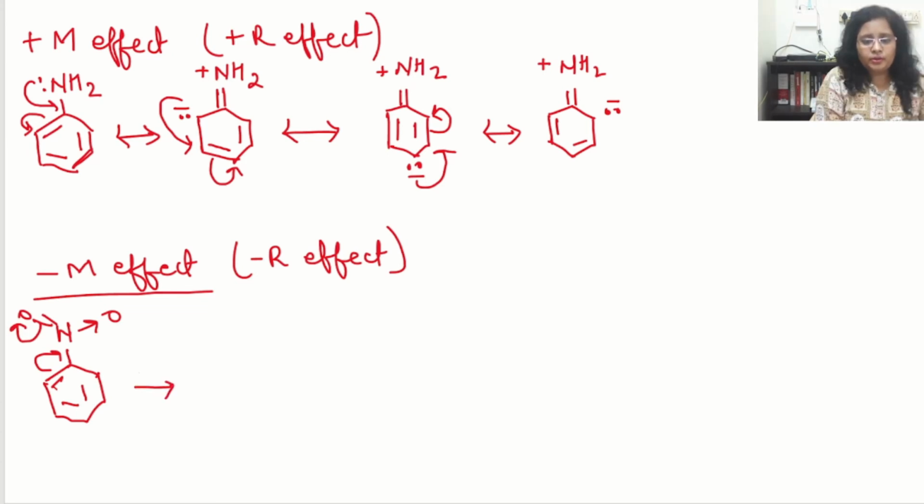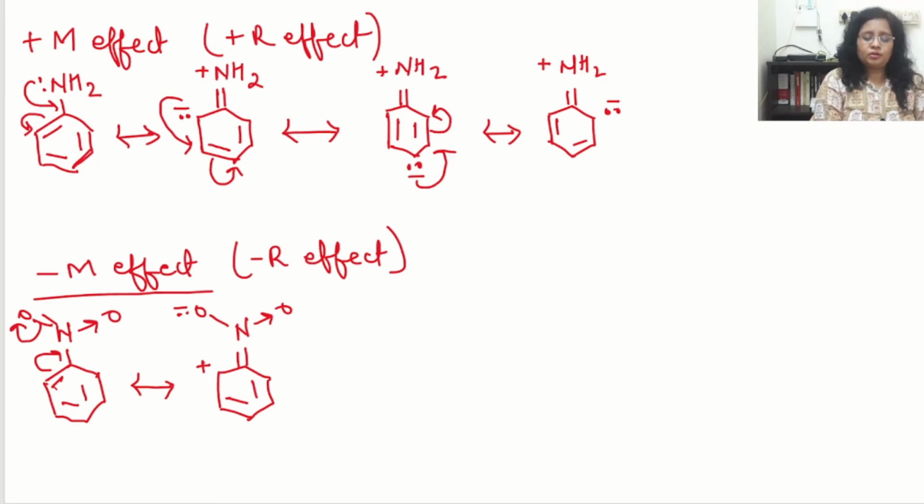Now what will happen next is we will have a structure like this, same structure but different positions of pi bond. Here N O, here O having a minus charge because electrons reached the oxygen, so it is having a minus charge, and now plus charge is located here, and rest of the bonds are same.